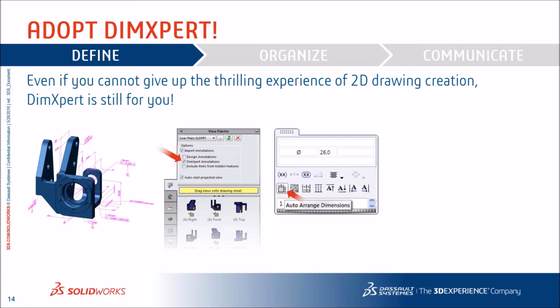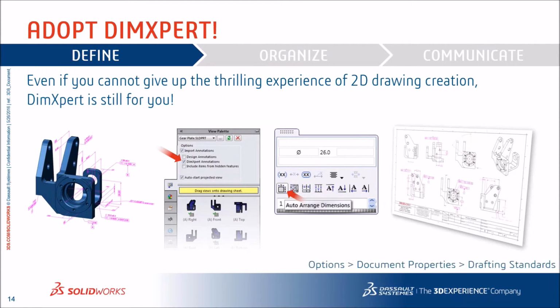But if you were around earlier today when I went over my favorite tips and tricks, one of the options is to select a dimension, then hit Control-A to select all dimensions within a drawing. And then from the pop-up menu, called the Dimension Palette, there's an Auto Arrange button that allows you to automatically arrange each of the dimensions so that they're equally spaced apart following the standards specified in your document template.